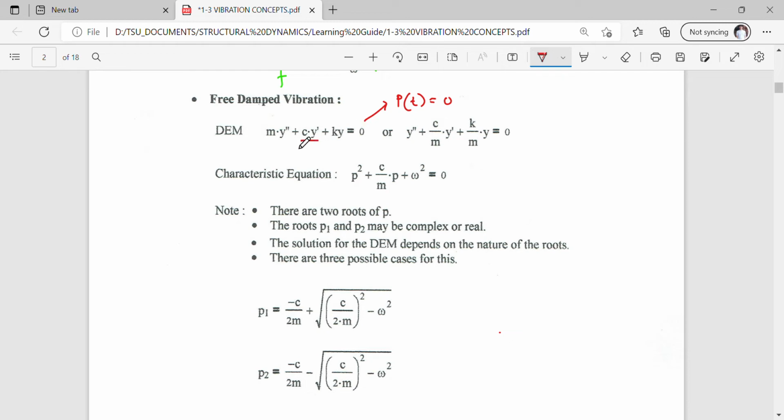And if we consider now dividing the whole equation by m, we yield this simpler equation.